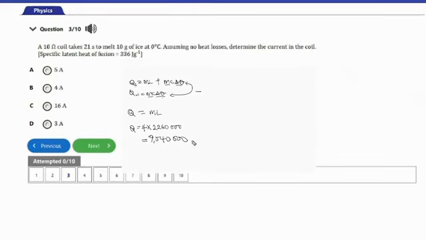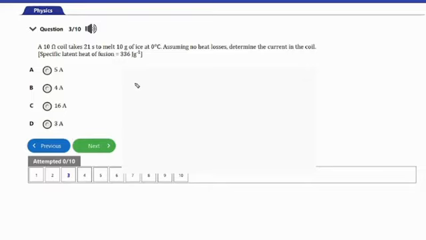The next question here is question number 3. It says, a 10 ohm coil takes 21 s to melt 10 gram of ice at 0 degrees Celsius. Assuming no heat losses, determine the current in the coil. The specific latent heat of fusion is 336 joule per gram.